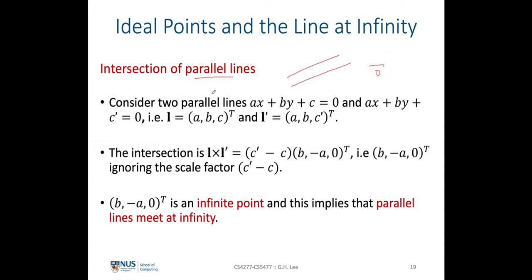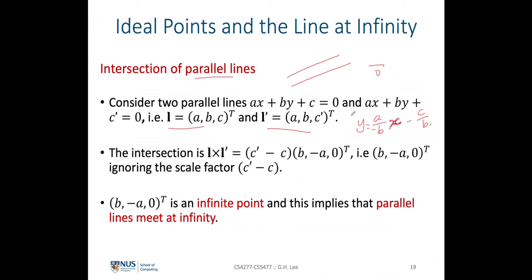So now let's consider 2 parallel lines, ax plus by plus c equals 0, as well as ax plus by plus c prime equals 0, which we represent in the homogeneous coordinates as (a, b, c) and (a, b, c prime). We can rewrite these equations into the form y equals minus a over b x minus c over b, that is, y equals mx plus c.